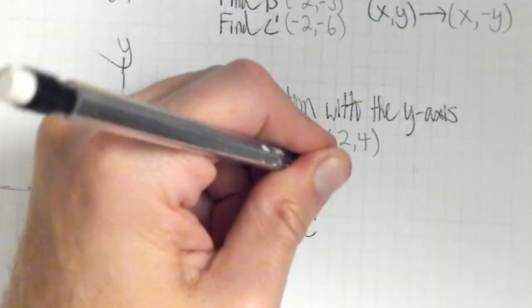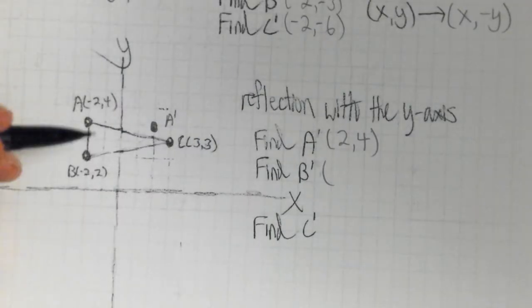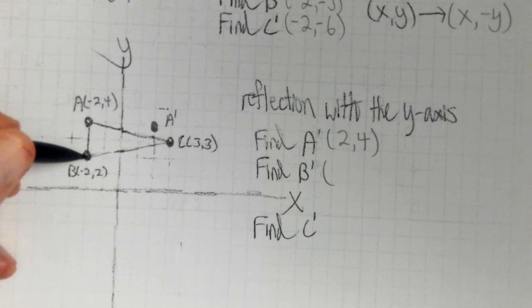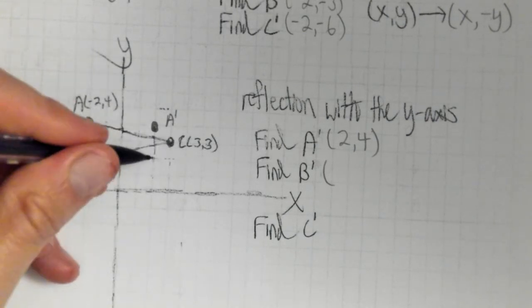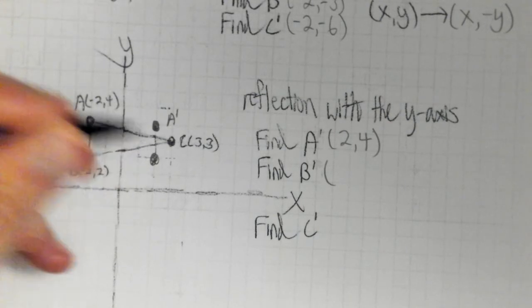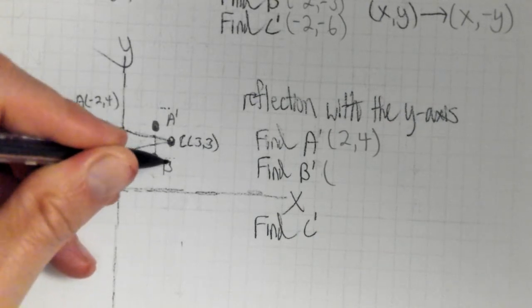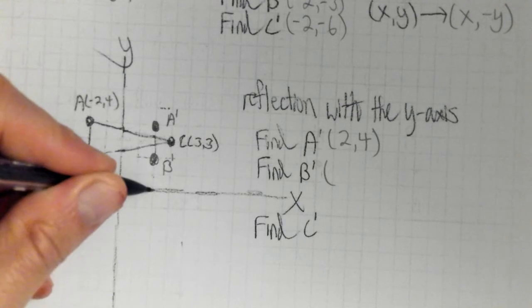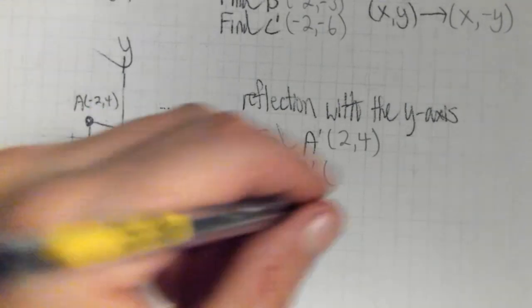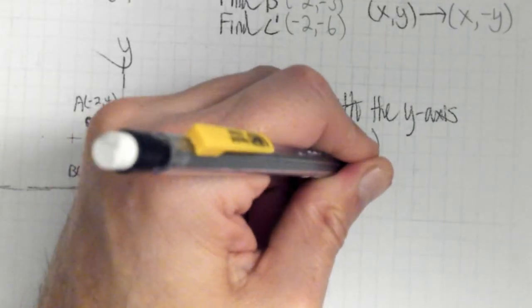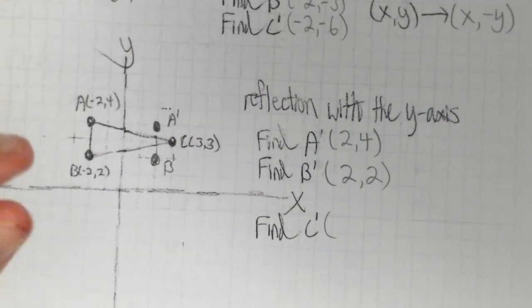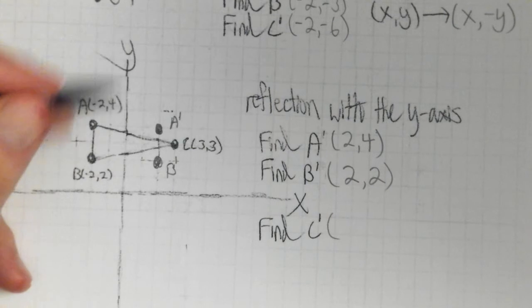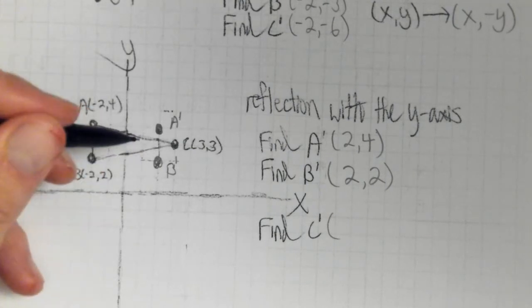Okay. The next one is for B prime, and so B is 1, 2. So I need to go 1, 2, and there is B prime at 2, 2. Now we're ready for C prime. So C, how far is C away from the line of reflection? It's 1, 2, 3.